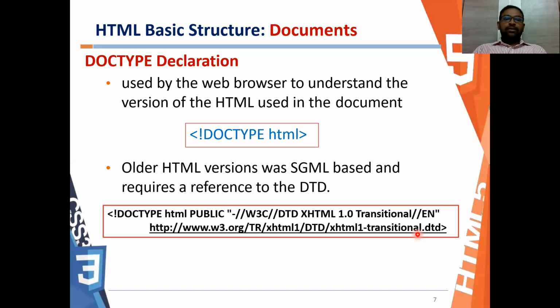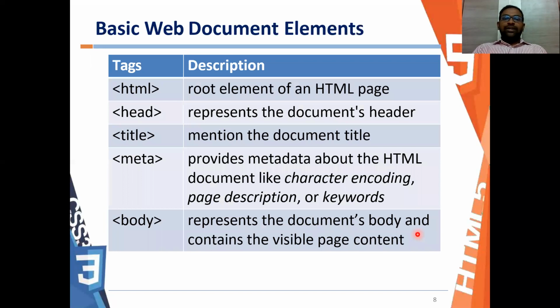As we discussed, the basic tags: HTML is the root element of an HTML page, which is the beginning of any HTML web page, and at last we will have the closing tag.